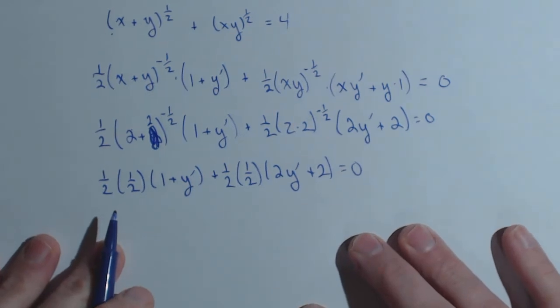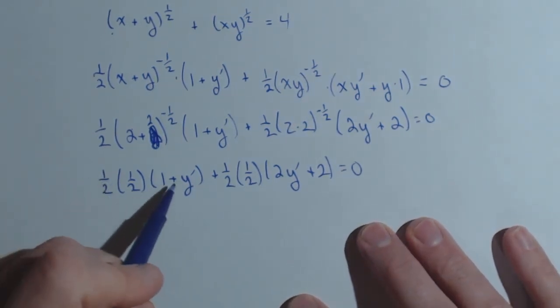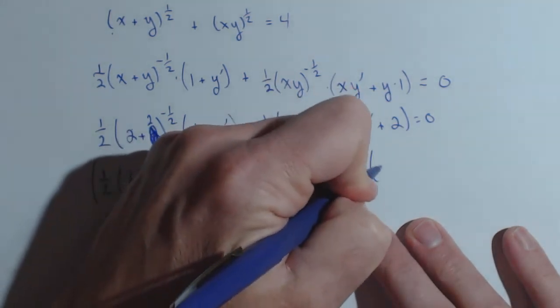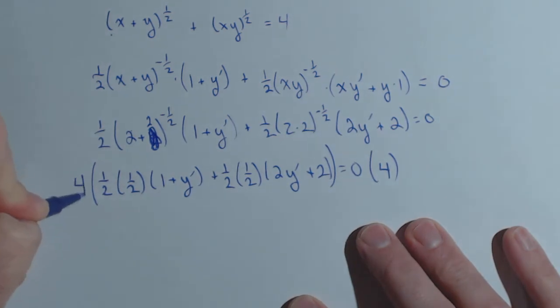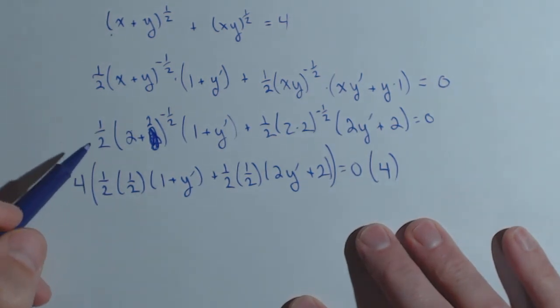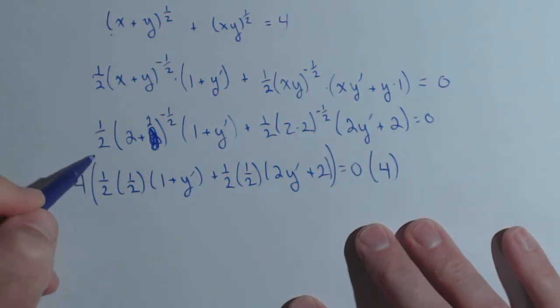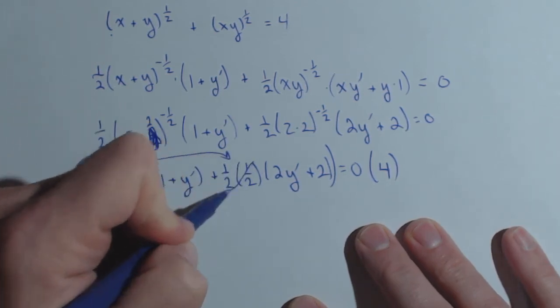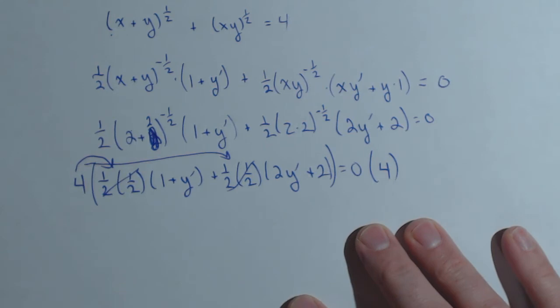So we could distribute, and it's 1/4 in each case. Instead of distributing, let's just multiply both sides of our equation by 4. Because it's equal to 0, that's going to expedite things, because when we distribute the 4 here and here, it's going to cancel out those pieces.